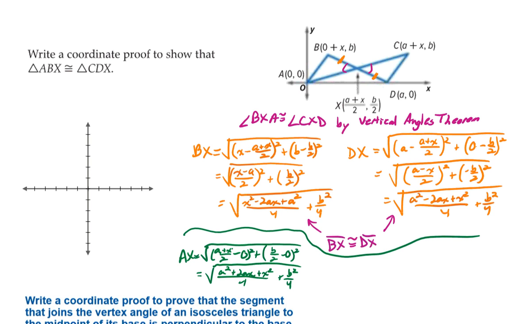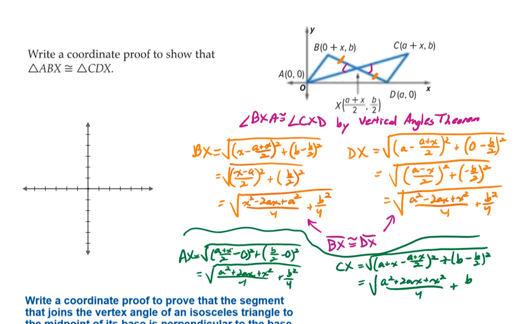If I look at CX, that's going to be a plus x minus a plus x over 2 all squared plus b minus b over 2 squared, which is going to give me a squared plus 2ax plus x squared over 4 plus b squared over 4.